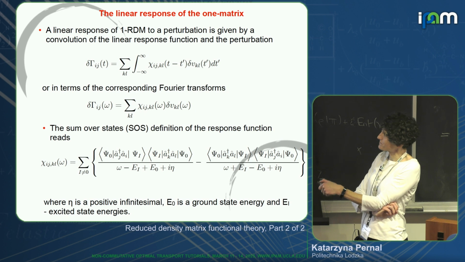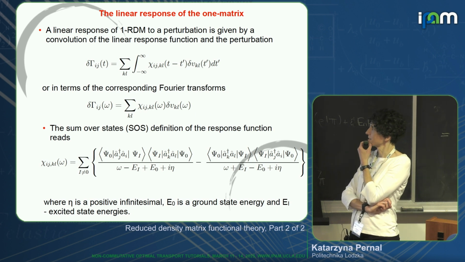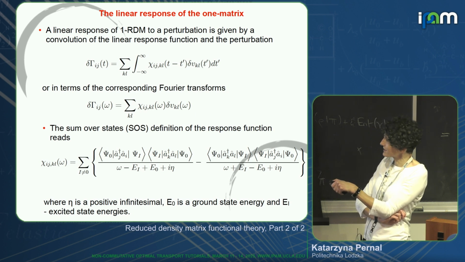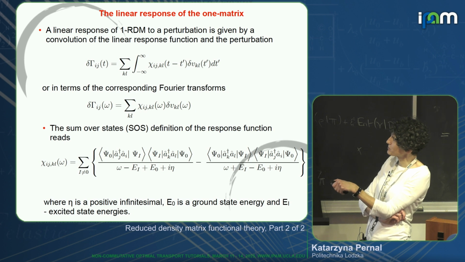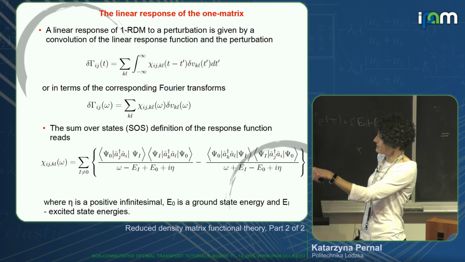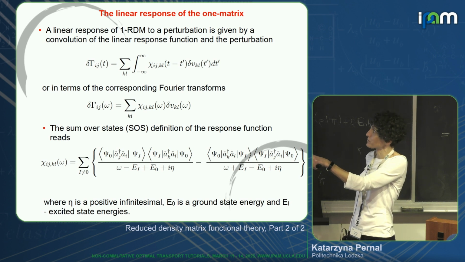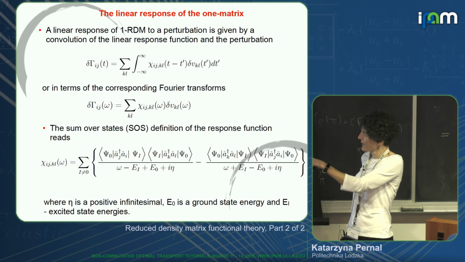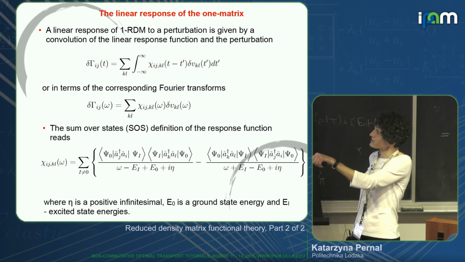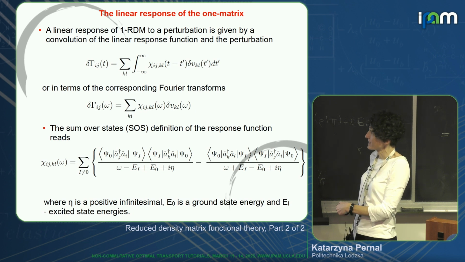And in first order, you can write it using this equation, where chi, it's not the same chi as before, now chi with 4 indices is the linear response function, okay? So if you are given a linear response function and you know the perturbing potential, you can obtain the first-order perturbation to the density matrix. For convenience, we can do a Fourier transform and switch from time dependence to frequency dependence, but again, it's more technical.